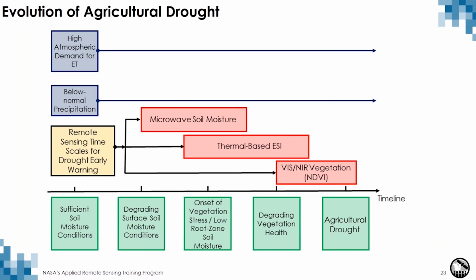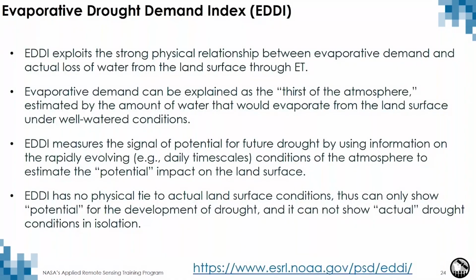And then you look at where the vegetation is becoming damaged, turning brown, it might not be as green as it's supposed to be. You can start to use NDVI to see that. So you've got to use these different observations because they represent different time scales of the process in an agricultural drought.